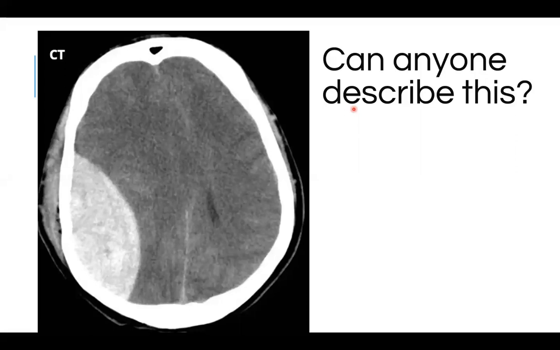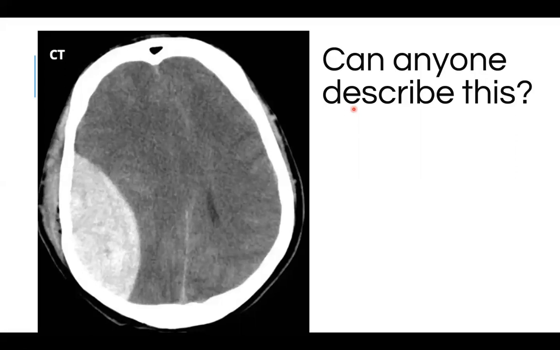So yes, there's a lens-shaped lesion. On which side are you saying? Are you guys saying this is on left or right? Good, on the right. Extradural hematoma on the right. Good, right extradural.